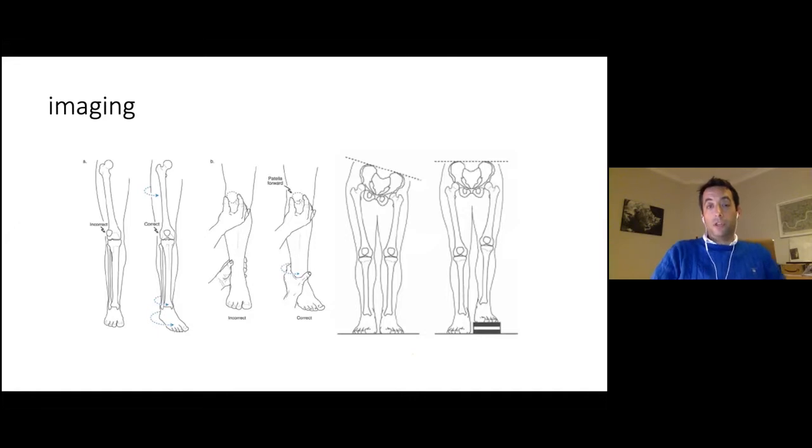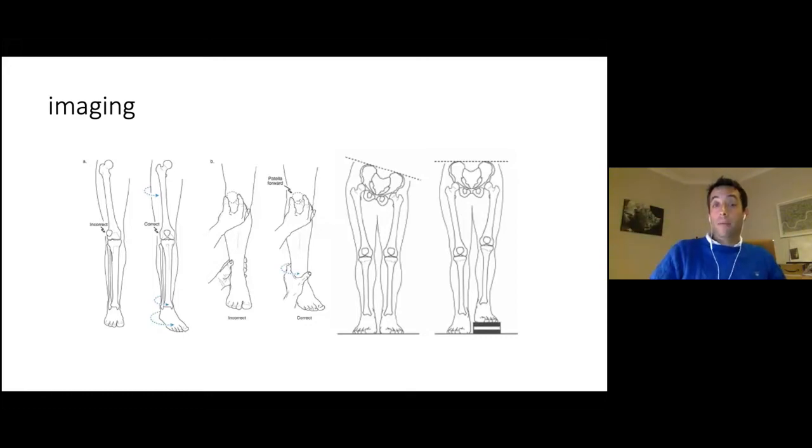The first two really are: long leg imaging must be taken with the patella pointing forwards, as you can see here under my cursor, and not with the patella pointing sideways, because that will be key for showing you partly rotational profile issues, but also the appearance of varus and valgus magnitudes change depending on the degree of rotation in the limb as you hold it in one way or the other.